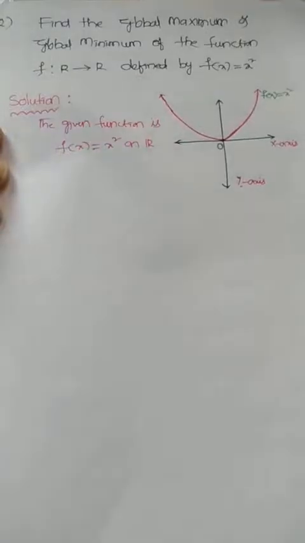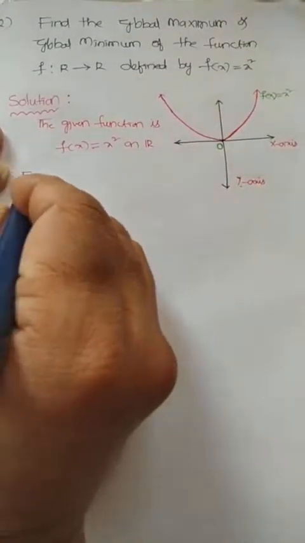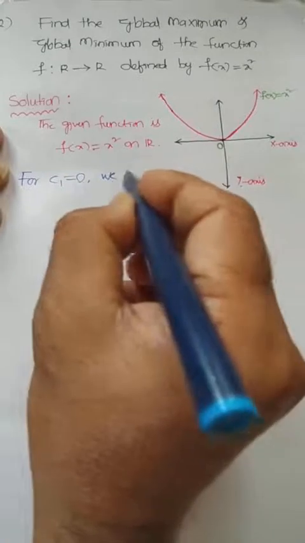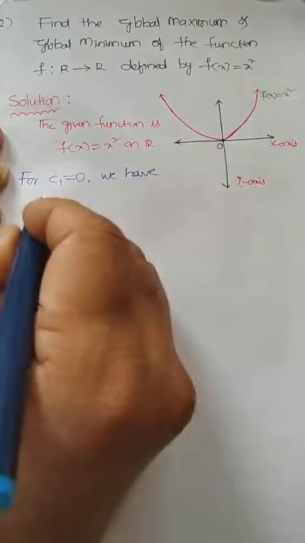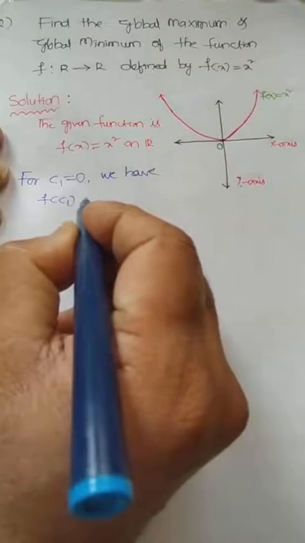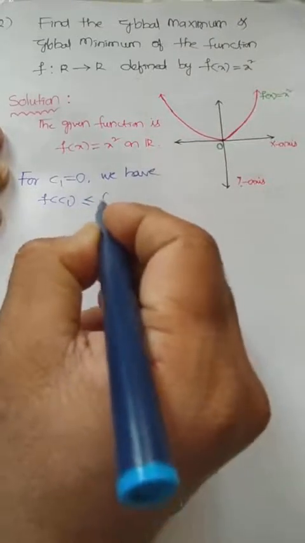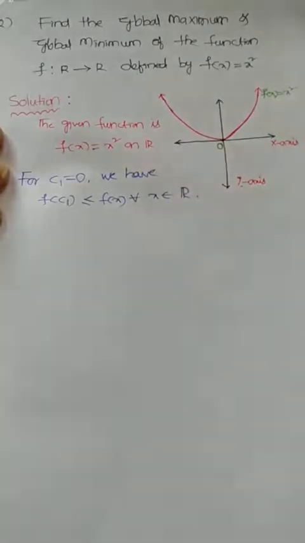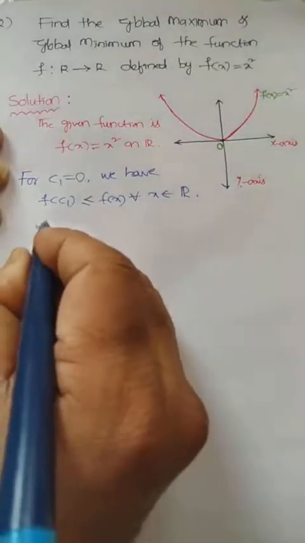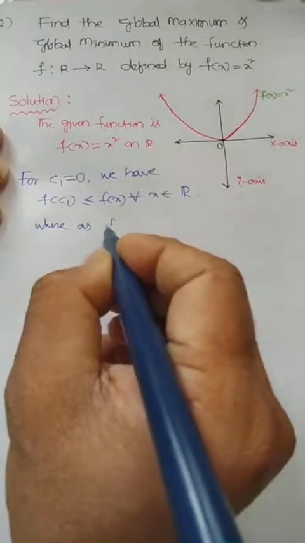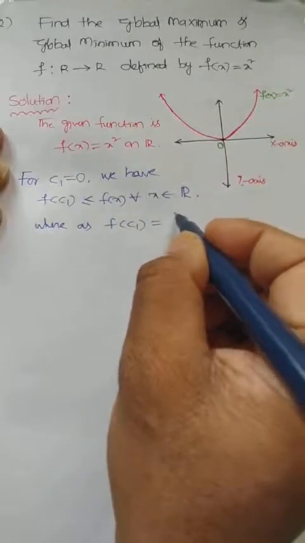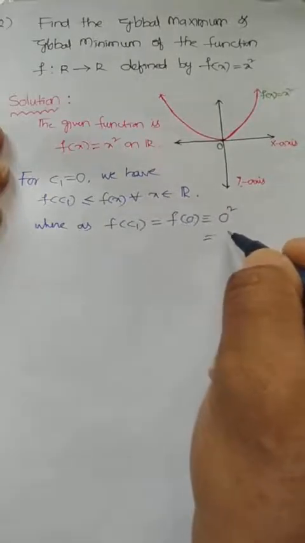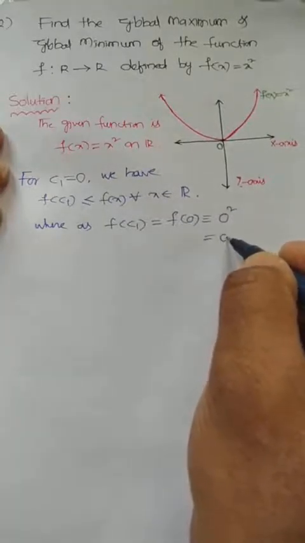Okay. For c1 equal to 0, we have f of c1 is less than or equal to f of x for all x belonging to R. Whereas f of c1 is equal to f of 0, which is 0 squared, so it attains the global minimum value, which is 0.